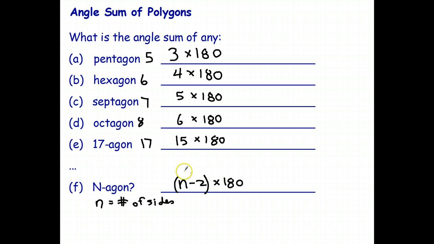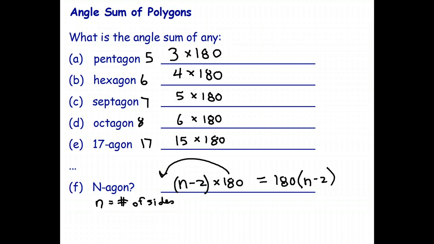Now that multiply sign looks a bit too much like the letter x, so the better way to write that is to put the 180 out the front, and use the implied multiply, not the actual sign itself. That's the best way to write the expression for the angle sum of a polygon with n sides. So if you have a 17-sided polygon, 17 minus 2 is 15. 180 times 15 gives us the correct answer.